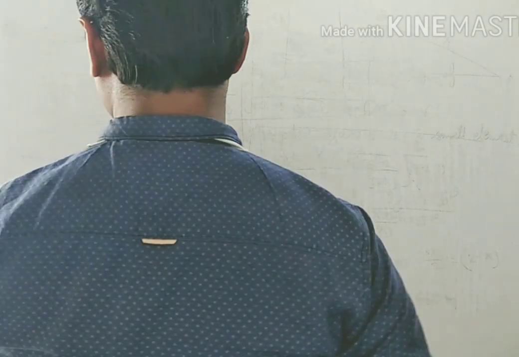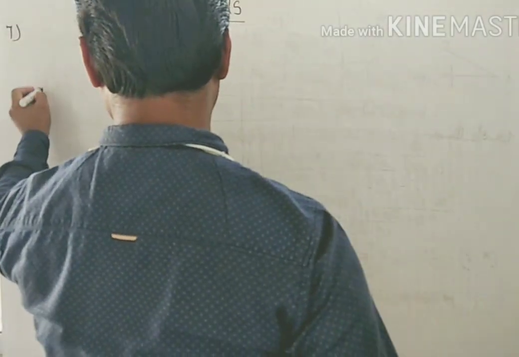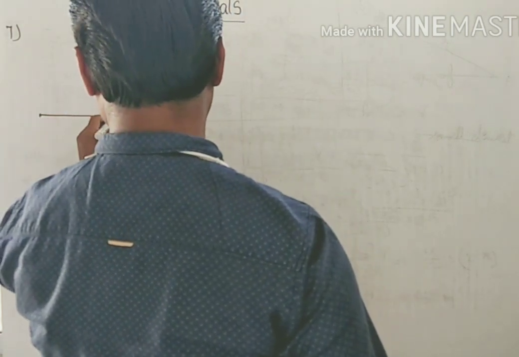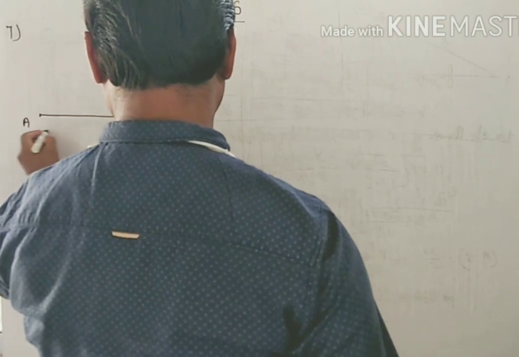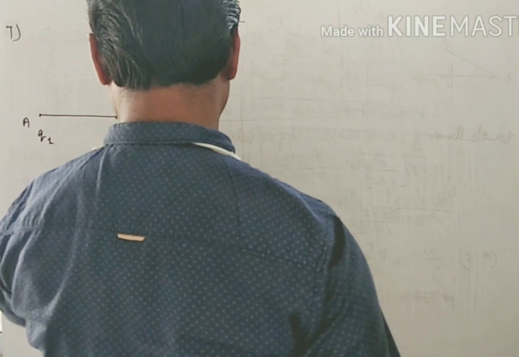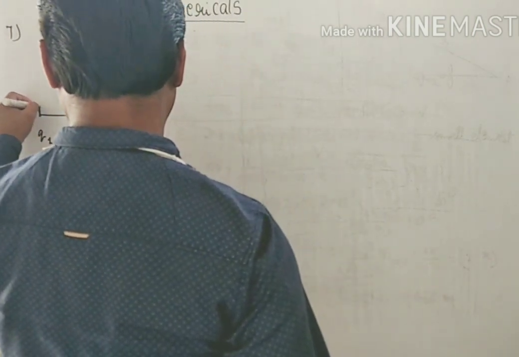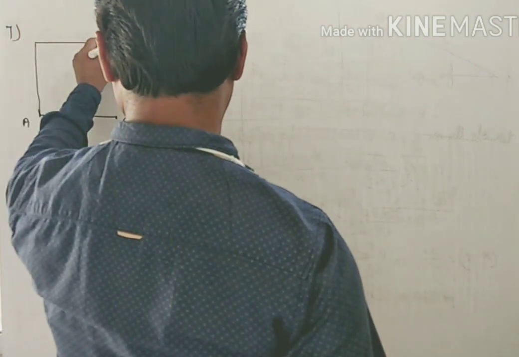So let me just draw the diagram so that we have better understanding. This is a square, and let me call these 2 points A, B, with charges Q1 and Q2, which are given in the question. Let me complete the square first.